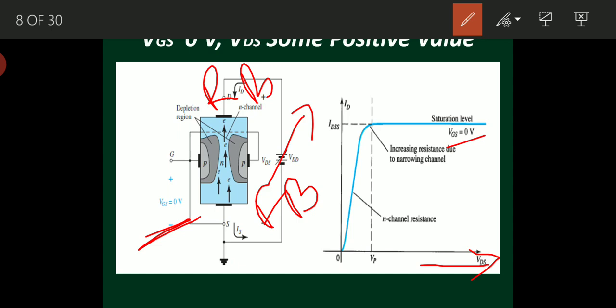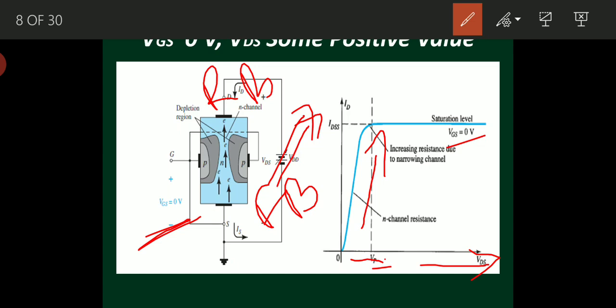So here the forward bias increases. That's why more electrons from the source terminal will move towards the drain terminal, so the drain current will increase. If I increase this VDD further, more electrons will move from source to drain than earlier, so the current goes on increasing.